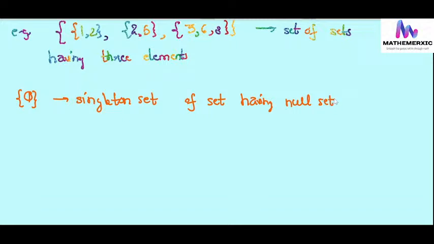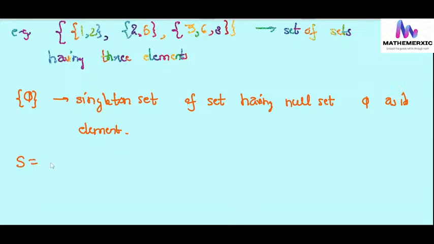Null set means nothing will be there inside it. So we know that whenever nothing is written there, it is an empty set or null set. So it is a singleton set of sets having the null set phi as its element.